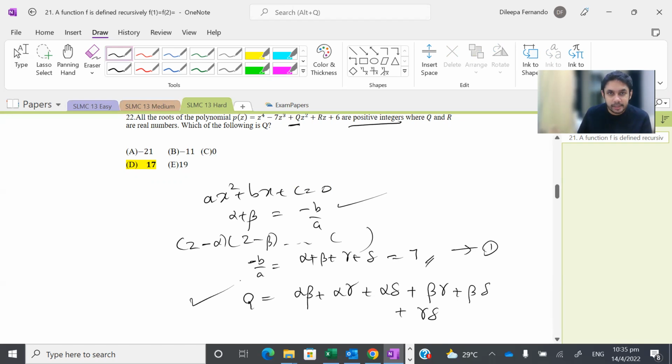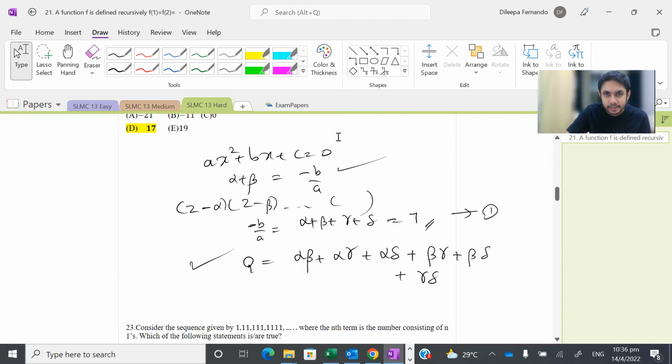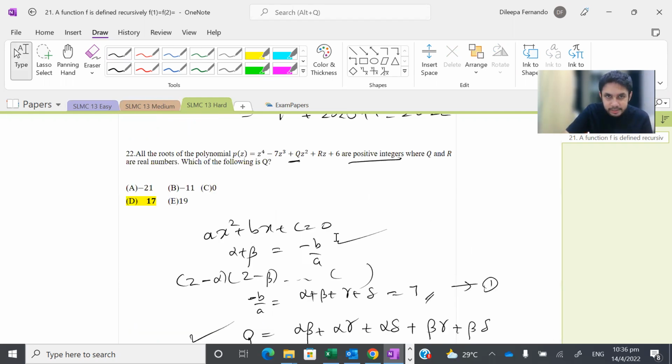And what is the other equation? So easily you can have the equation for the product. So alpha, beta, gamma, delta equals, I have to check whether it's plus or minus 6. So this becomes minus b. This is plus, minus, plus.